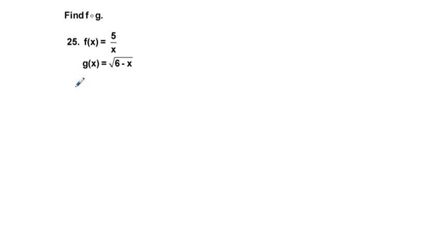25, we have f of x is equal to 5 over x. And in the place of x, we're going to put square root of 6 minus x.